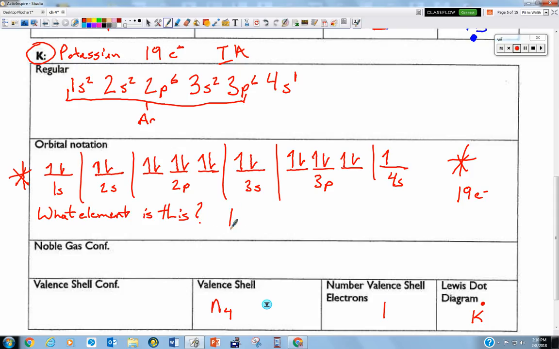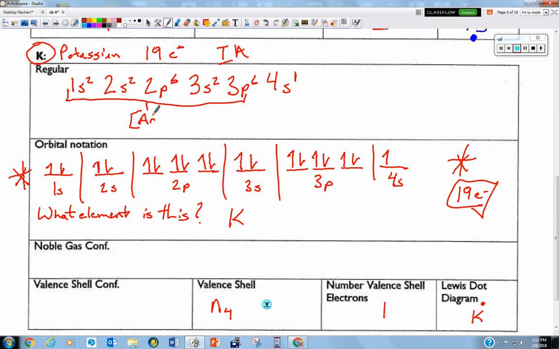Potassium. Potassium has an atomic number of 19, so a neutral potassium atom has 19 electrons. That doesn't necessarily work for ions. Ions are always going to look like a noble gas.